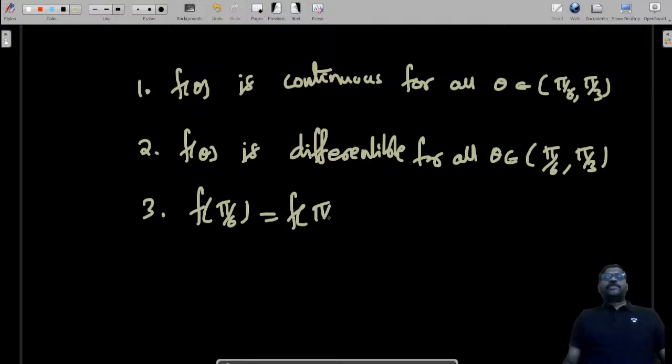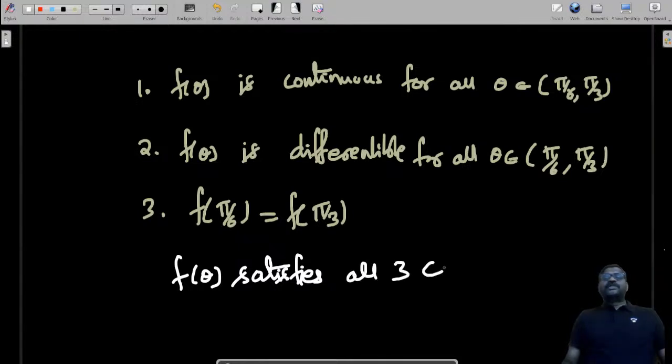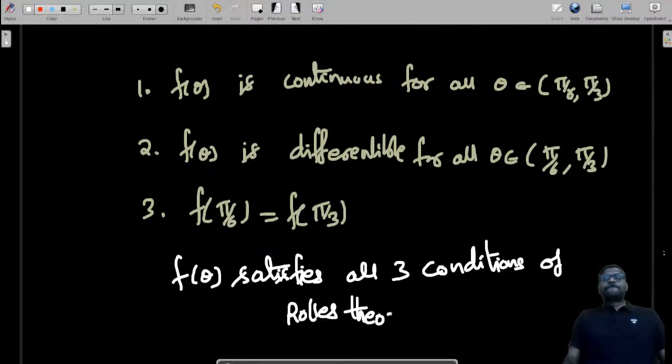Functional value at pi by 6 equal to functional value at pi by 3. So f of theta satisfies all three conditions of Rolle's theorem.